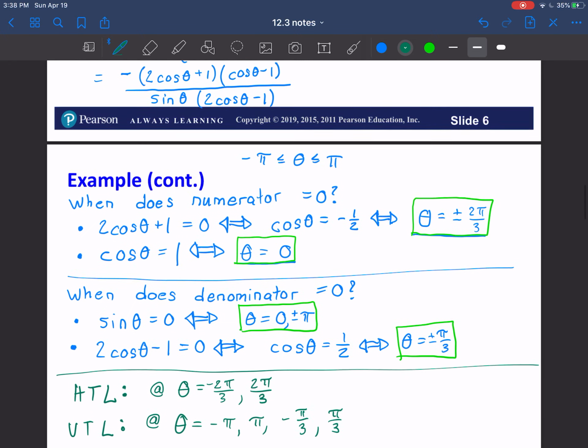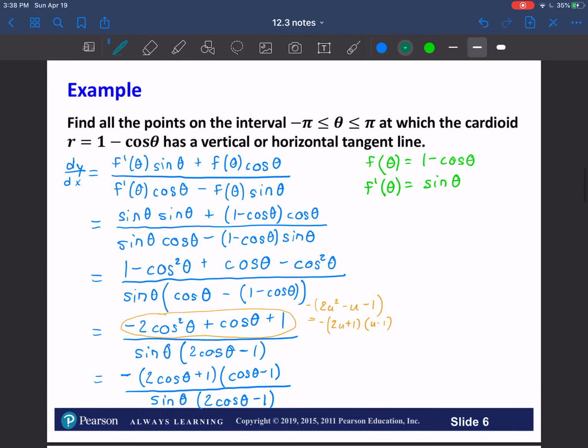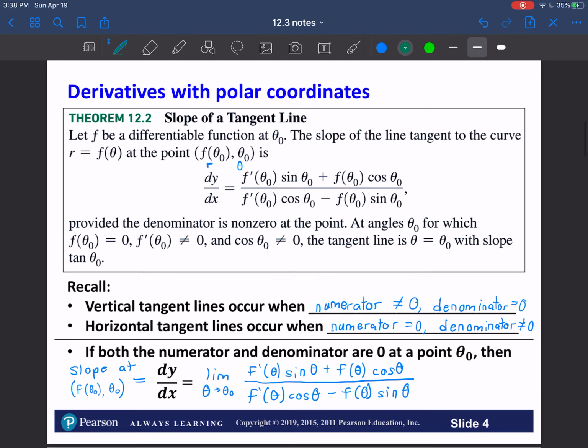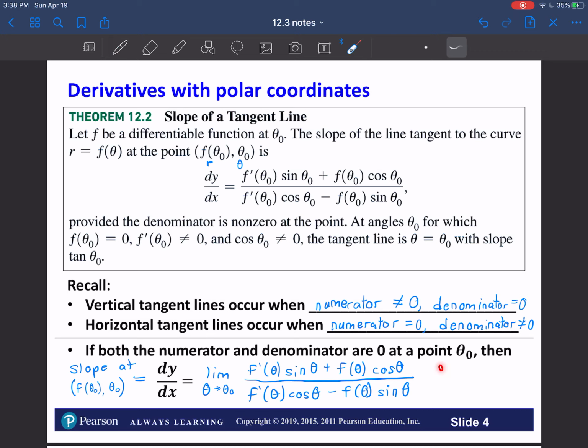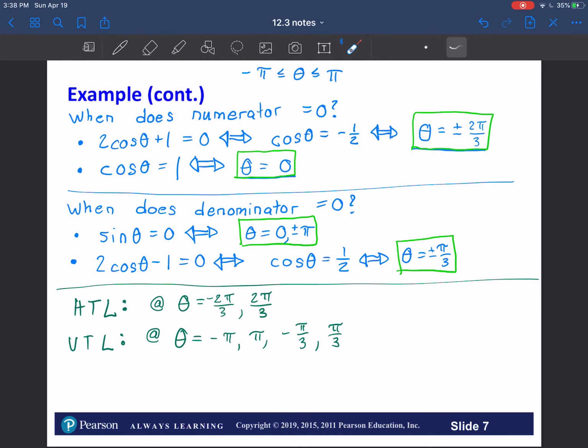But then the question arises, what happens when they're both equal to 0? Whenever the numerator is equal to 0 at a value and the denominator is equal to 0 at the same value, we discussed that you must compute the slope using this limit. In this case, our theta naught is 0, right? Because at theta equals 0, both the numerator and denominator are 0.